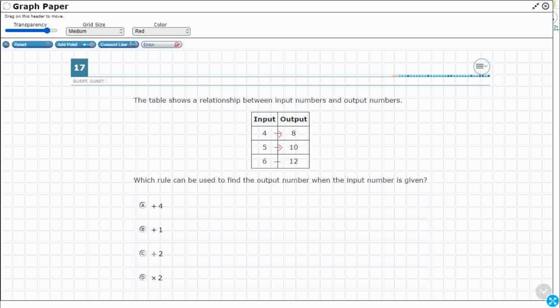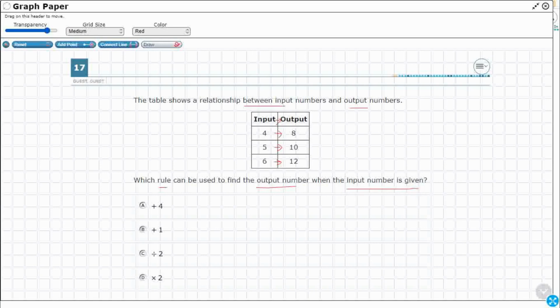I need to look side to side, and we're always wanting to look side to side, but it actually tells us in the problem this time between input and output. So we're looking at the relationship here between 4 and 8, 5 and 10, 6 and 12. We need to find the rule, but look what it tells us to do: to find the output number when the input number is given.